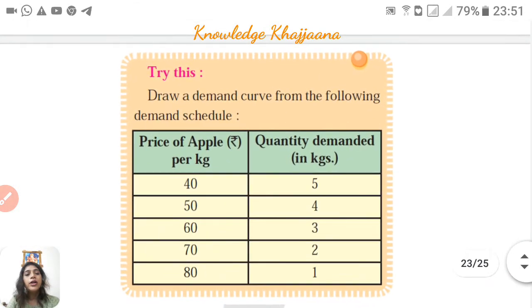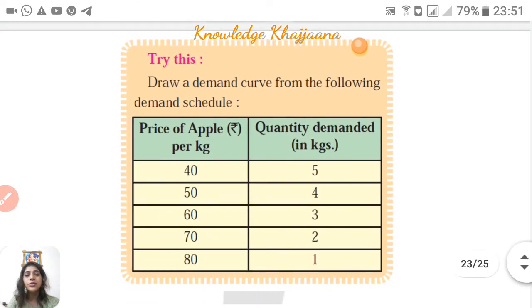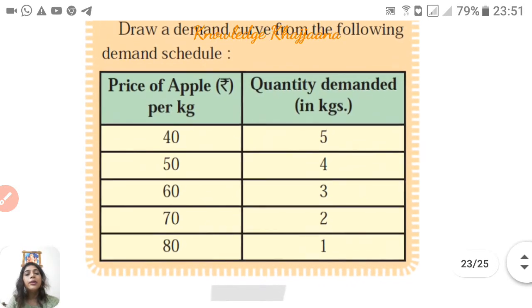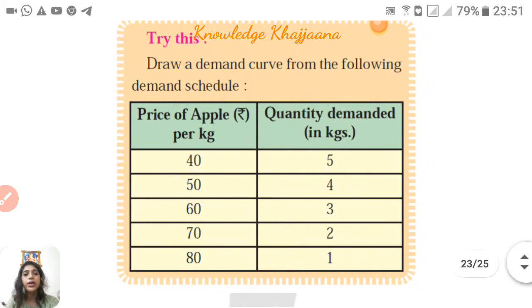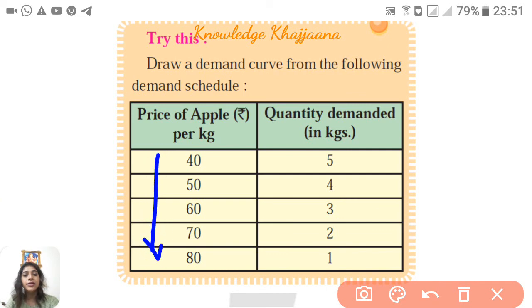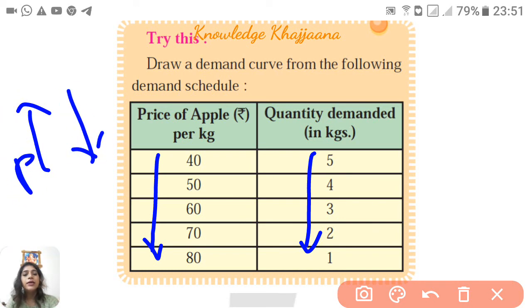See, draw a demand curve from the following demand schedule. This demand schedule has been given: the price of apple per kg and quantity demanded in kgs. If the price of apple is rupees 40 per kg, then the quantity demanded will be 5. In this example the prices are increasing and the quantity demanded is decreasing.